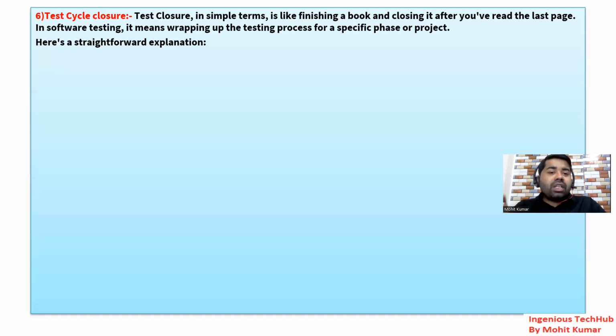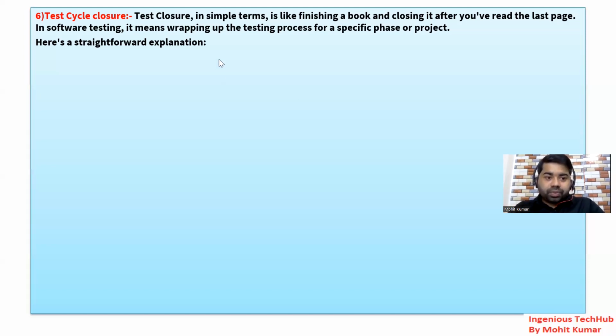Test cycle closure, in simple terms, is like finishing a book and closing it after you have read the last page. You are reading the book, you have reached the last page, and you are going to close your book. In software testing, it means wrapping up the testing process for a specific phase or project.